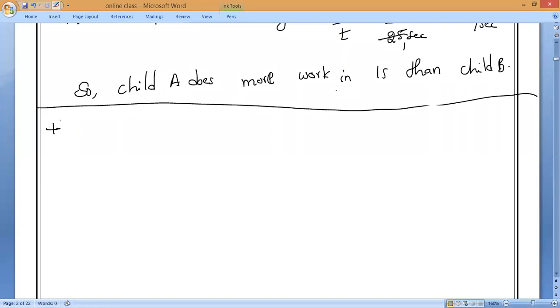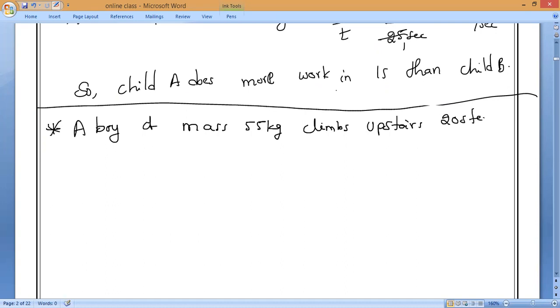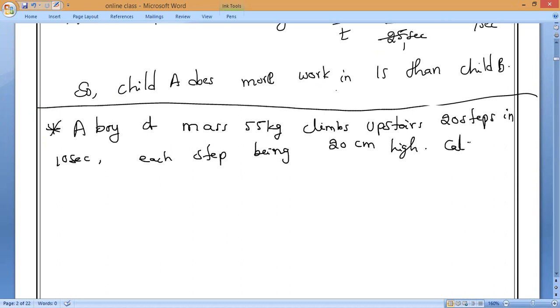A boy of mass 55 kg climbs upstairs 20 steps in 10 seconds. Each step, I am giving again, each step being 20 centimeters high.